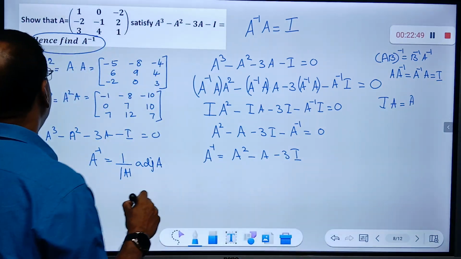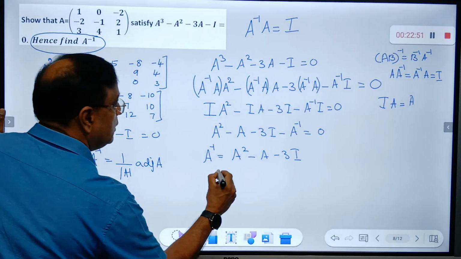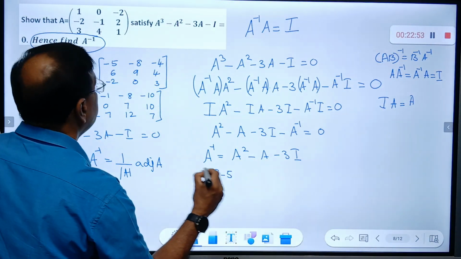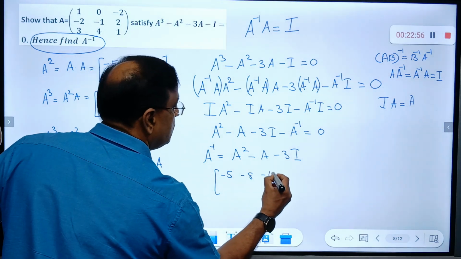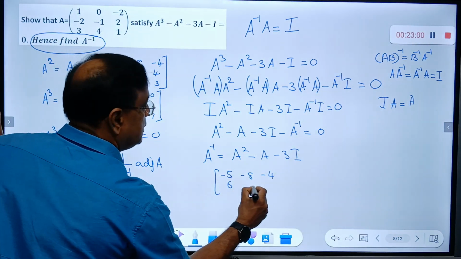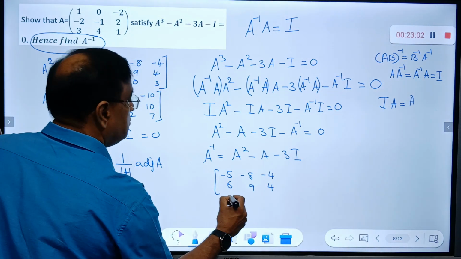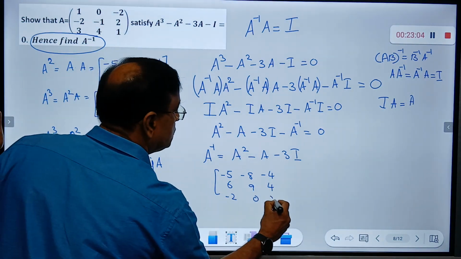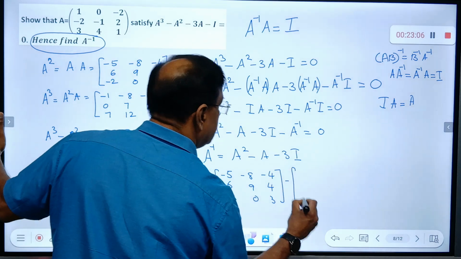Now what is A square? I have already found it. That is minus 5, minus 8, minus 4; 6, 9, 4; minus 2, 0, 3. Minus, what is my A?